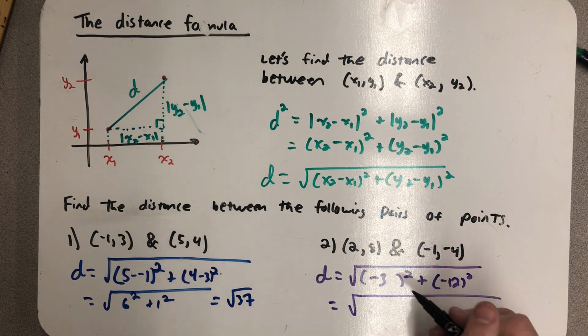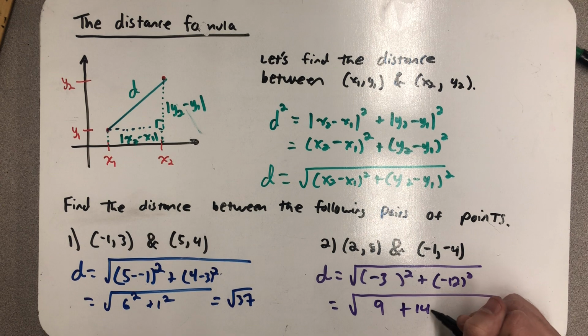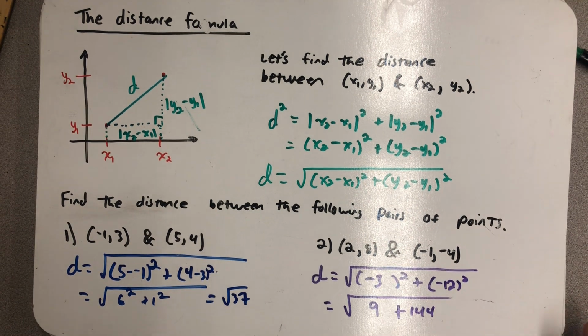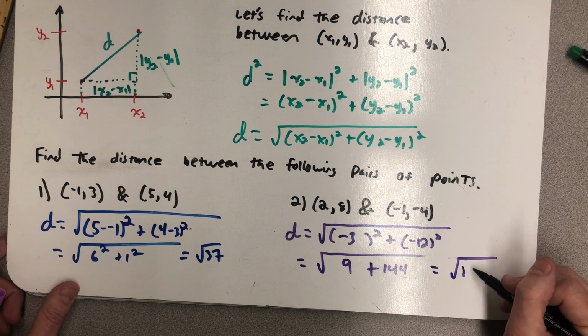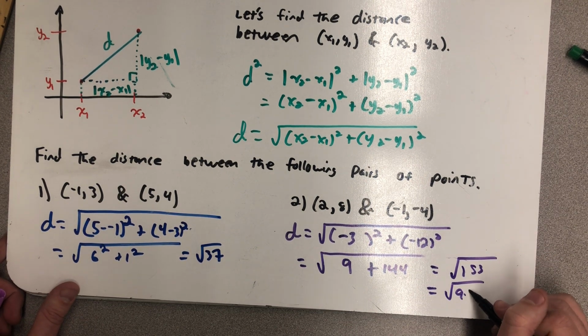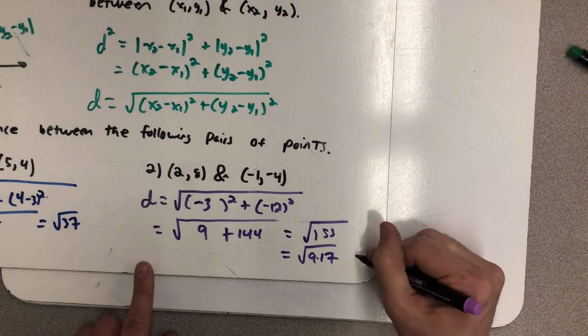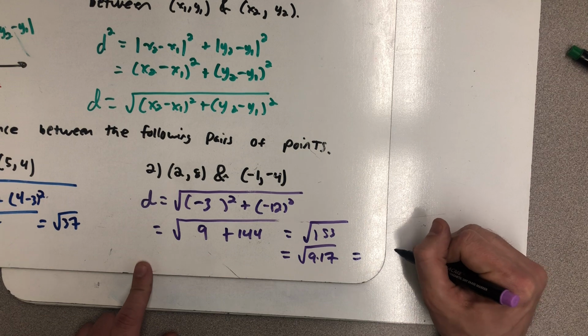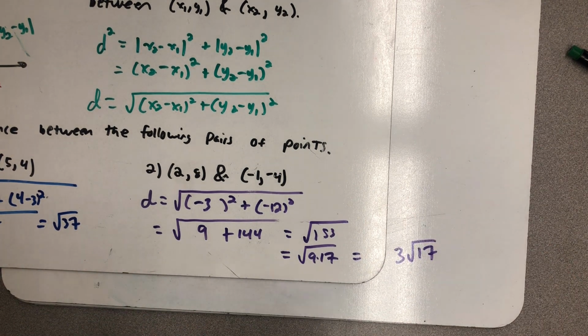When I square a negative, I get a positive, so that's a 9, plus 144. That is equal to the square root of 153, and it turns out that's 9 times 17. And I always want to simplify under a radical, so my final answer here will be 3 times the square root of 17. And there's that exact distance.